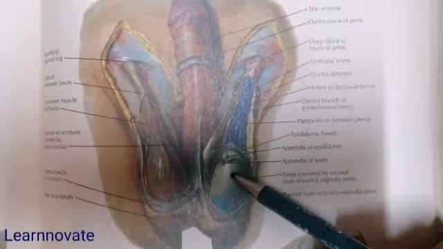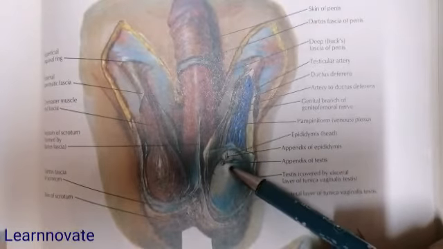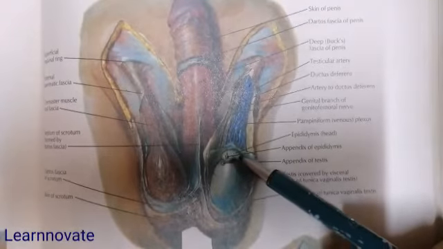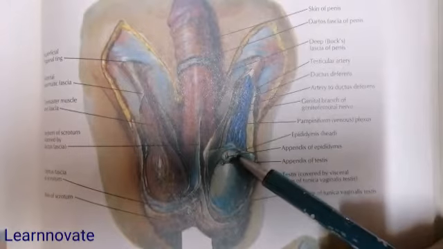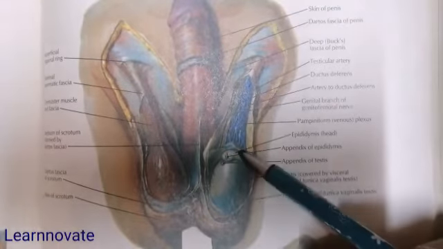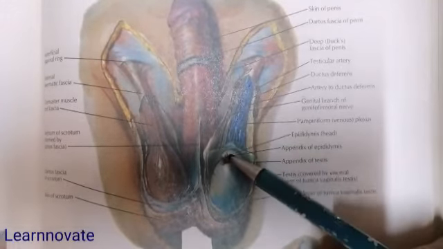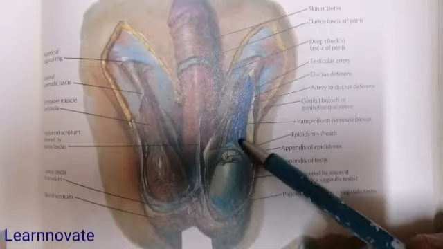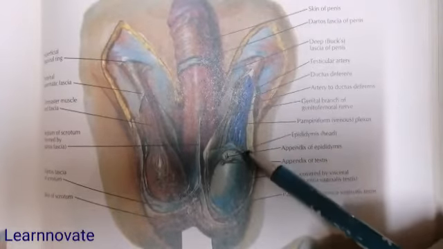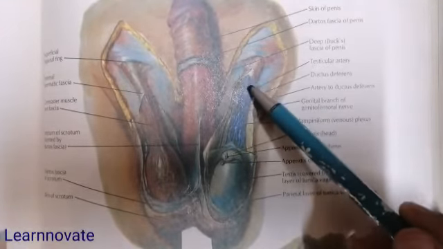Then inside the tunica vaginalis, if we open the testis, we can see another layer, the tunica albuginea. It is a thick fibrous coat covering the testis. Continuous with it is the layer of fascia covering the spermatic cord, which supplies the vasculature of the testis.